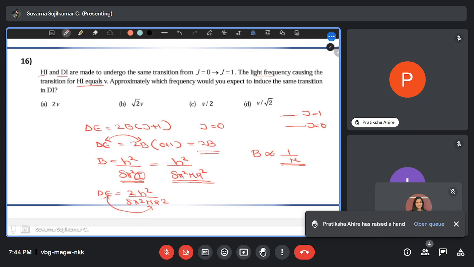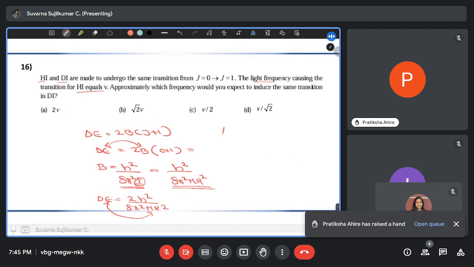So we can write it as a mathematical formula for our convenience, and we will get the exact relationship. The delta E of DI to the delta E of HI is related to mu HI to mu DI, since they are in inverse relationship. So what is this ratio? It's 1 by 2, since deuterium has twice the mass of hydrogen.